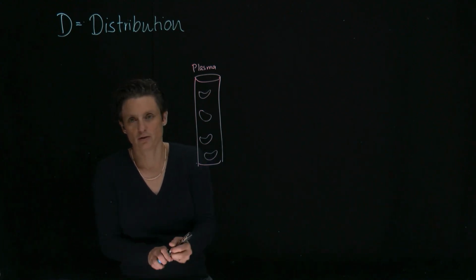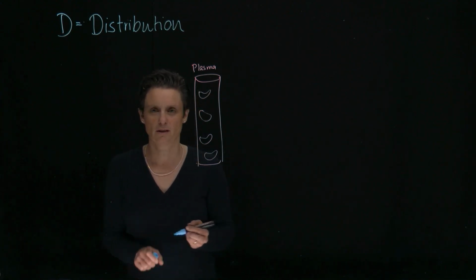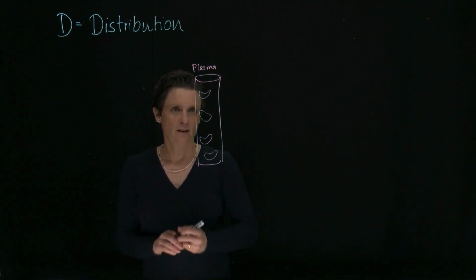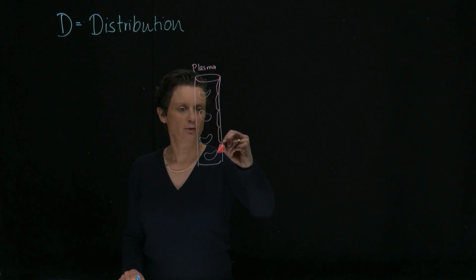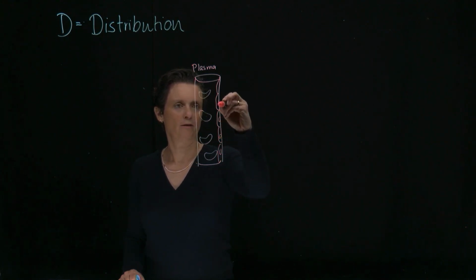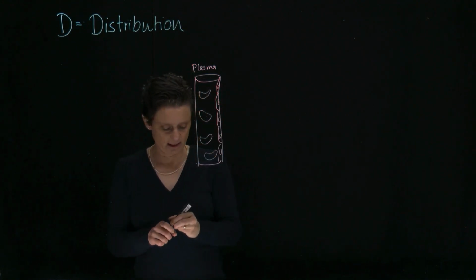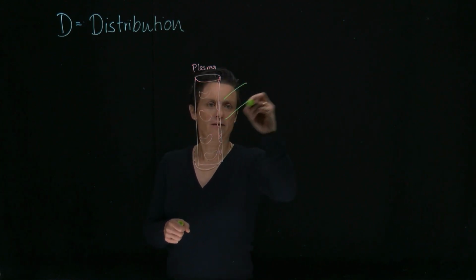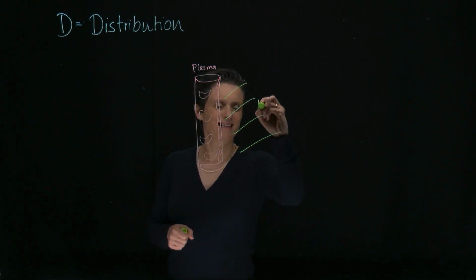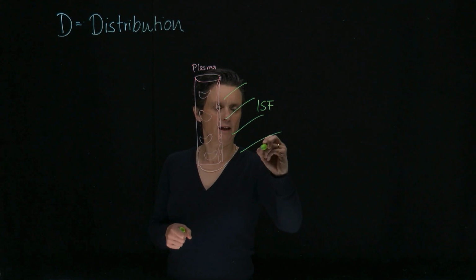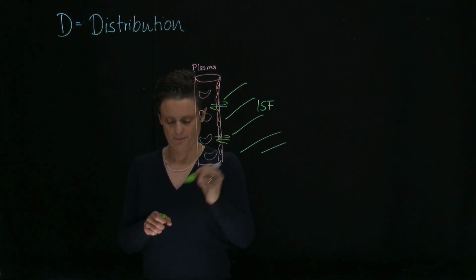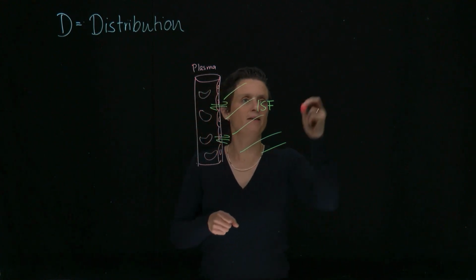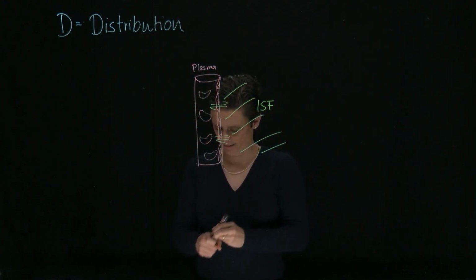Well, first it could distribute in total body water. So if the drug can pass the endothelial layer here of our blood vessels, what else is there? Well, then there's the interstitial fluid. It would get into the interstitial fluid. Maybe it can even get into cells.